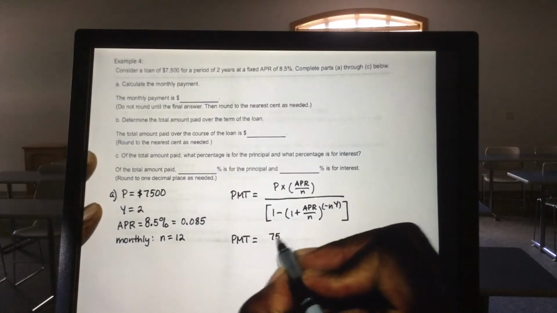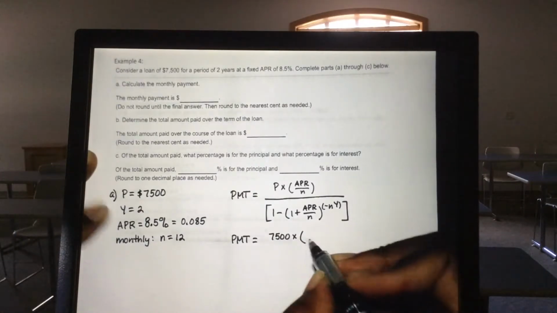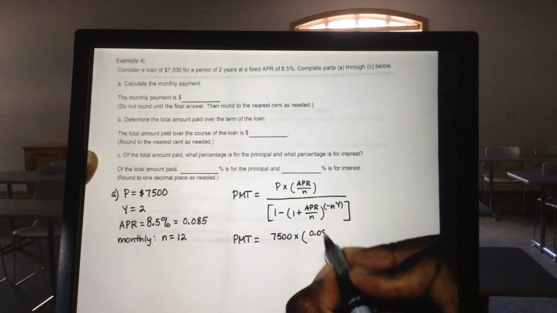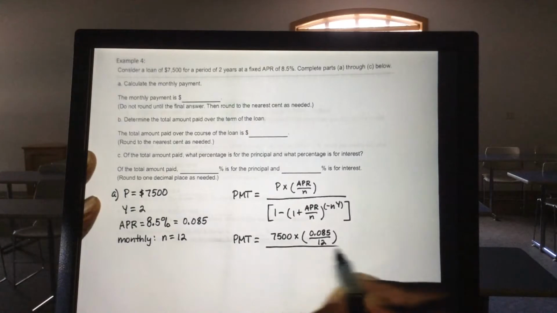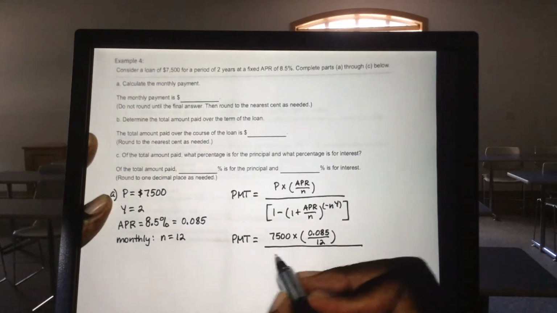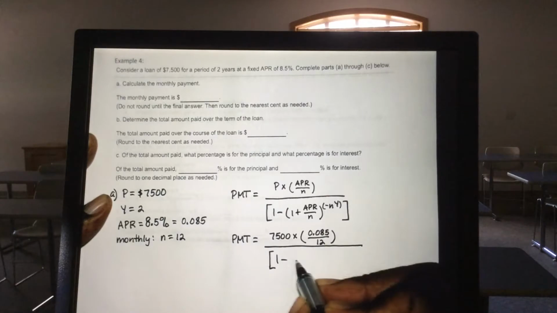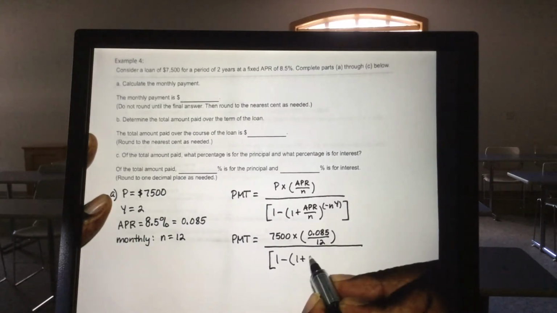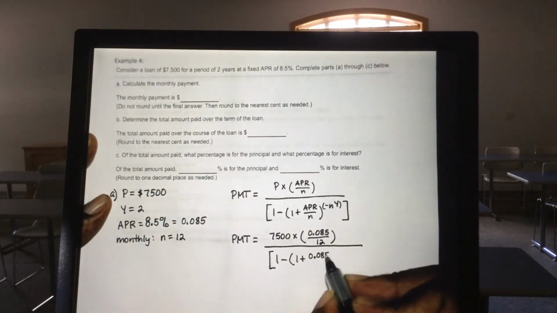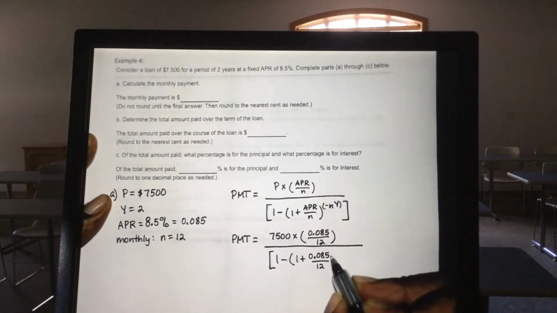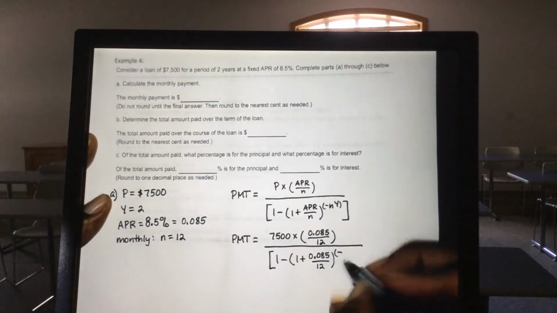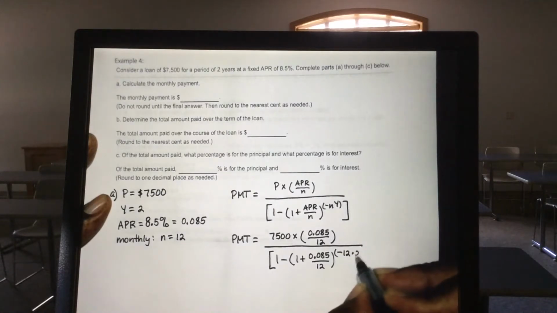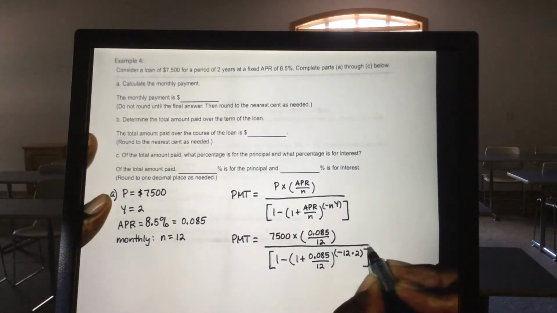So we have 7,500 times your APR of 0.085, divided by N, which is 12. And all that's going to be divided by the denominator, which is 1 minus, in parentheses, 1 plus APR of 0.085 again, divided by N, still 12, raised to the negative N times Y. N is 12, Y is 2, so it'll be negative 12 times 2.